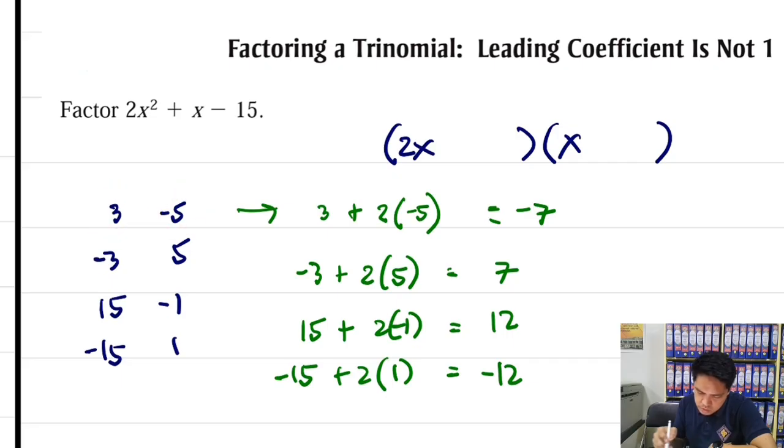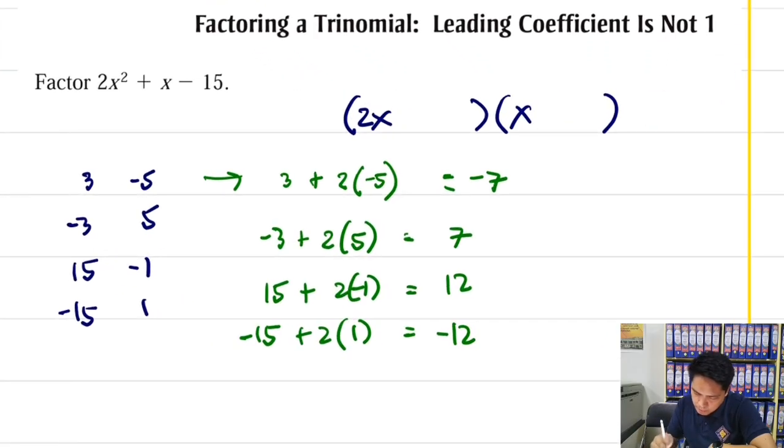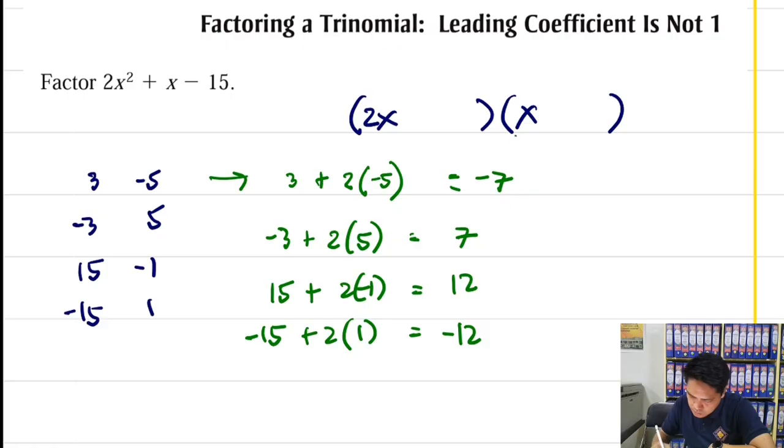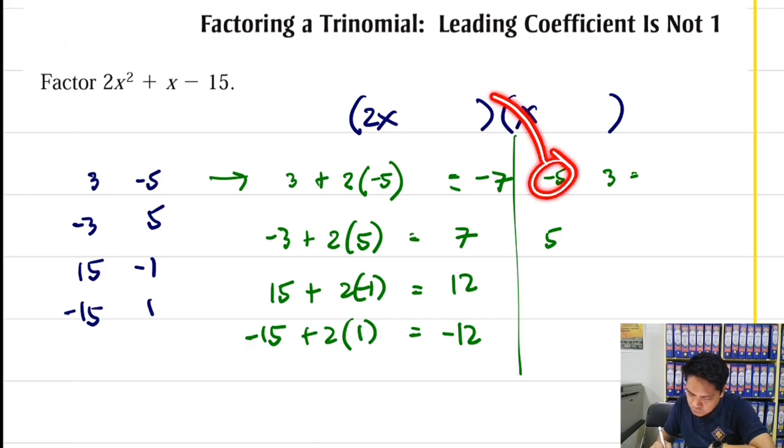Di ba? So, i-reverse natin siya. Ibaliktad natin to. Meaning, masyadong mahabang solution, no? Negative 5 dito and 3. Remember, magkaiba sila ng leading or ng first term.